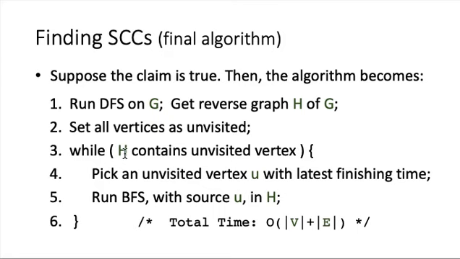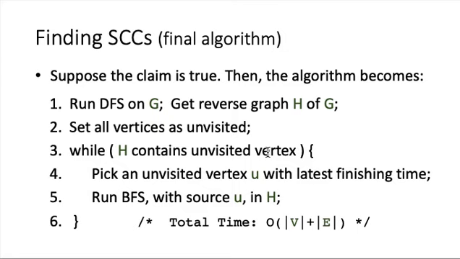H will then continue to find another unvisited vertex, and this time we choose from the remaining vertices the one with the latest finishing time. This one will be in an SCC that has no outgoing arrows in the component graph of H, and we repeat the process and extract another SCC again and again.